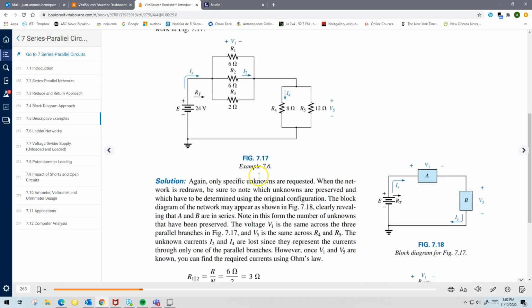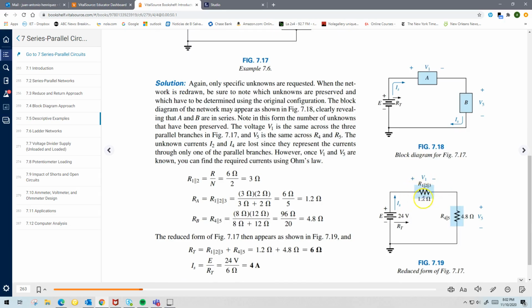So since you already know that this resistance is 1.2 ohms, and you just found out that the total current coming out of that source is 4 amps, then by Ohm's law, the voltage drop across this combined resistance is going to be simply 4 times 1.2 ohms. And the voltage drop across here is going to be, again, 4 times 4.8 ohms. Ohm's law.